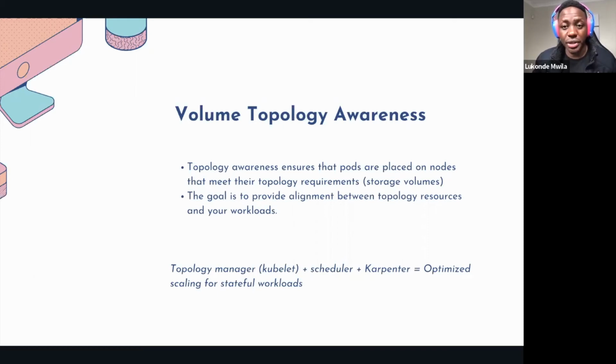We want a situation in which, when more dynamic provisioning is taking place and more compute resources are being added, it still supports the same volume topology awareness, which is a really important feature. You'll see right at the bottom I have that equation: the topology manager, a component of the kubelet, works very well with the scheduler and with Karpenter to give you optimized scaling of your stateful workloads.